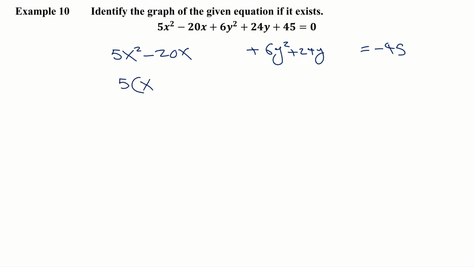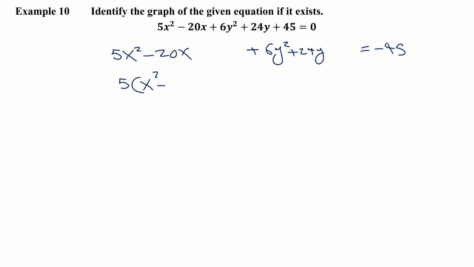Okay, so we're going to put this in standard form. I'm going to leave some space. And I'm going to move the 45 to the other side so it becomes negative 45. All right, so let's go ahead and factor out the 5.